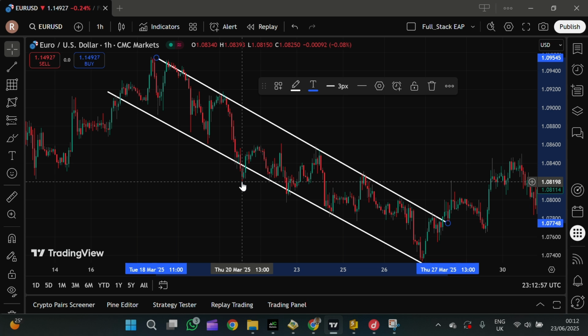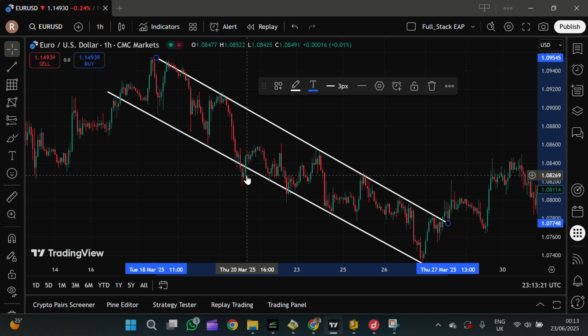So what will be your confirmation? All right. Your confirmation is the swing. You are looking for a liquidity sweep. Now, in this case, you are looking for a bullish liquidity sweep.